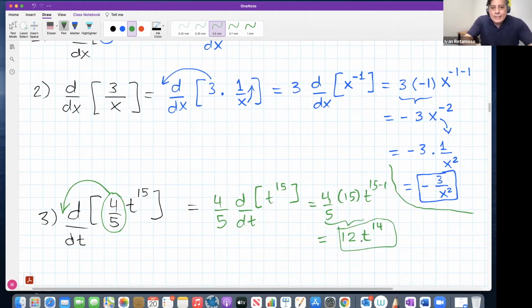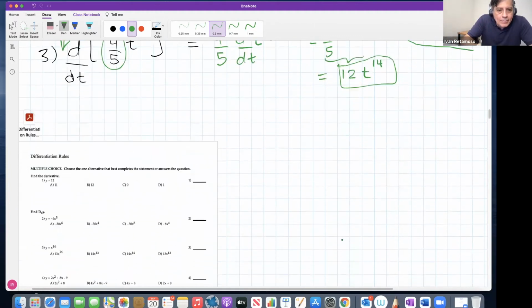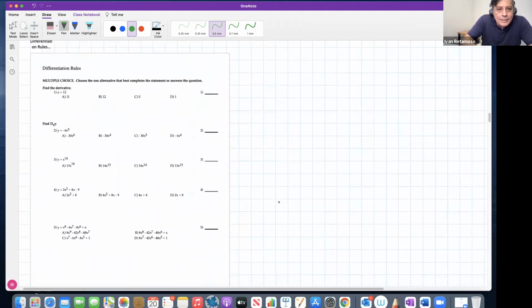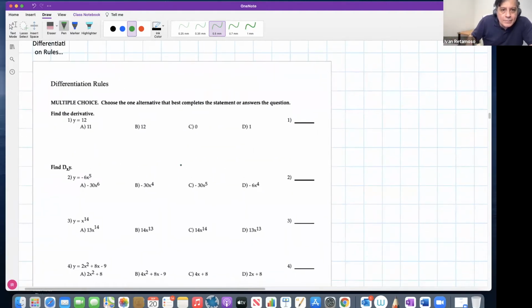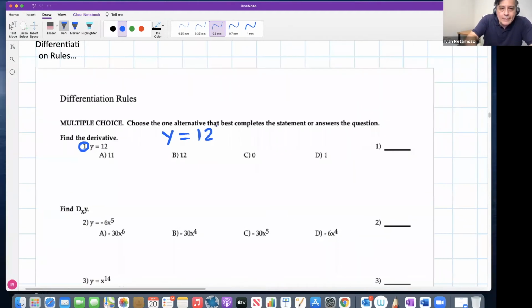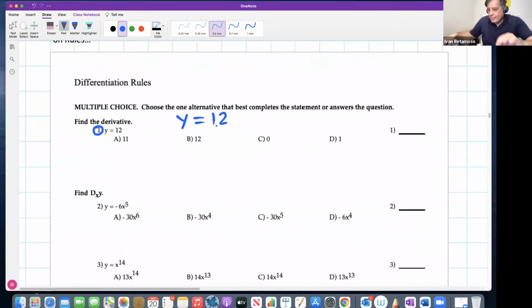So now I think it's time for you guys to practice. Remember, practice makes the master. So let's practice, okay? I'm going to give you 3 exercises here. The first one is very straightforward. They say, what is the derivative of this function? y equals 12. What is its derivative? Could you figure this out? Hint, remember the constant rule. You can write it in the chat or you can say it.